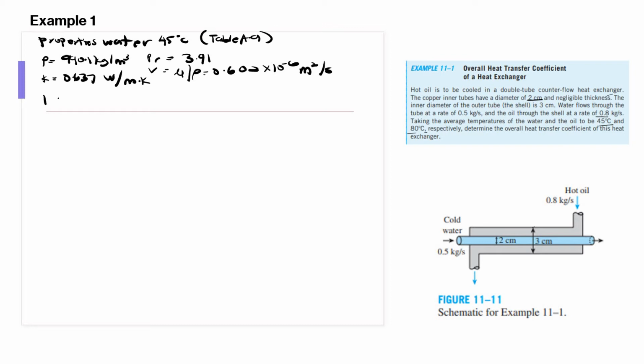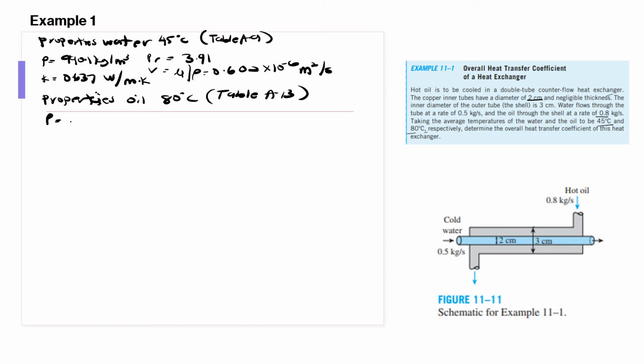Next, we find the properties of oil. Oil at 80 degrees Celsius. For the oil, we can refer to table A13. Please make sure you refer to the correct table in order to get the correct properties. These properties you will use inside the calculation, so it is really important to get the correct properties from the correct table.